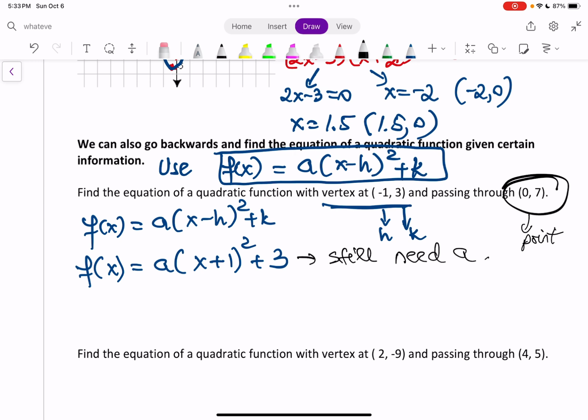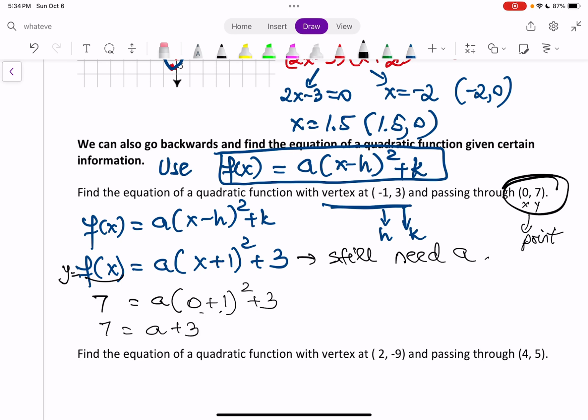That means if x is 0, y is 7. So in place of f of x, I'll put 7 because remember, that's your y. And in place of x, I'm going to put 0. And the only missing thing now is going to be the a. 0 plus 1 is 1. 1 squared is 1.